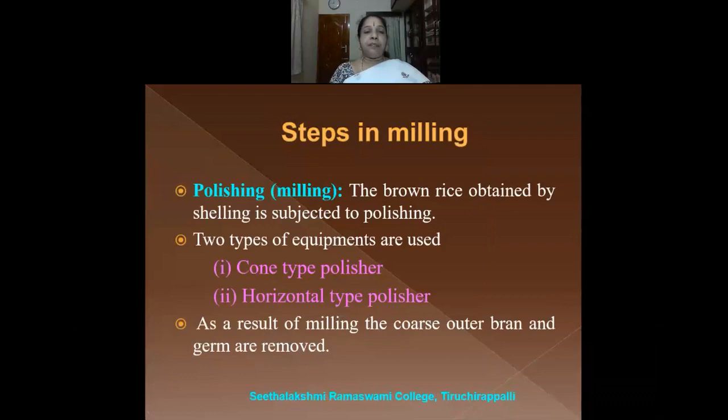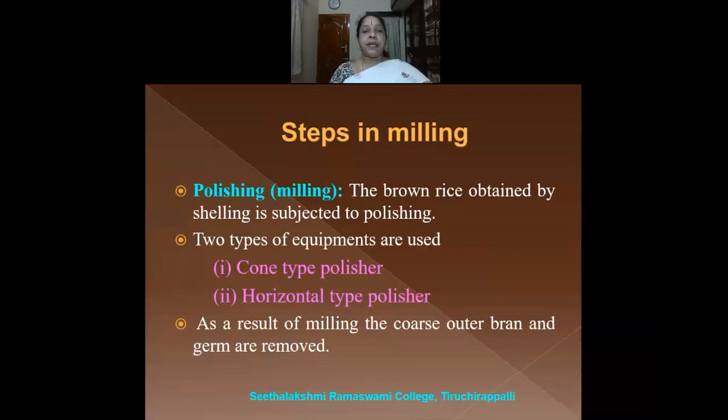The next step is polishing. Now the outer portion or the husk has been removed. The rice will be in brown color now, and all of us eat only the white rice. We don't eat the red rice or the brown rice. So what is required? The brown rice that is obtained by the shelling is subjected to polishing.